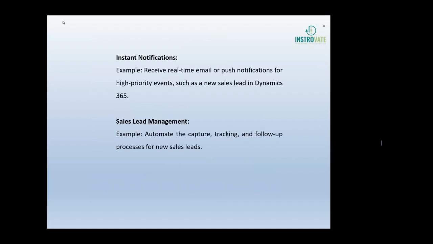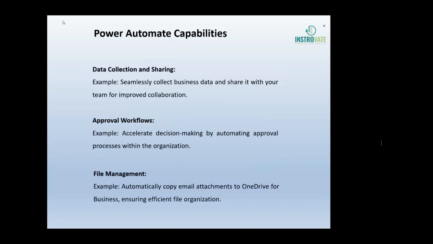Instant notifications: receive real-time email or push notifications for priority events such as new sales leads in Dynamics 365. Sales lead management: you can automate capture, tracking and follow-up processes for new sales leads. These are all the capabilities of what Power Automate can do.